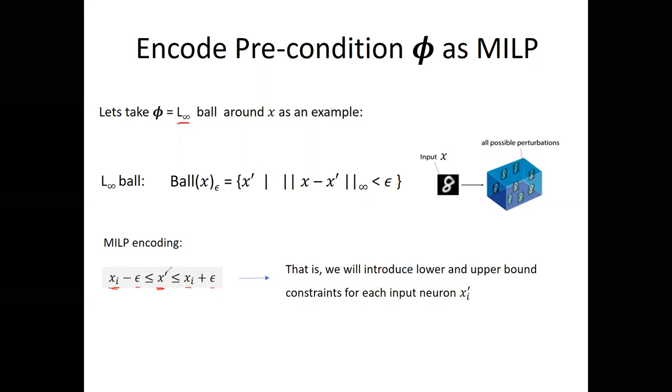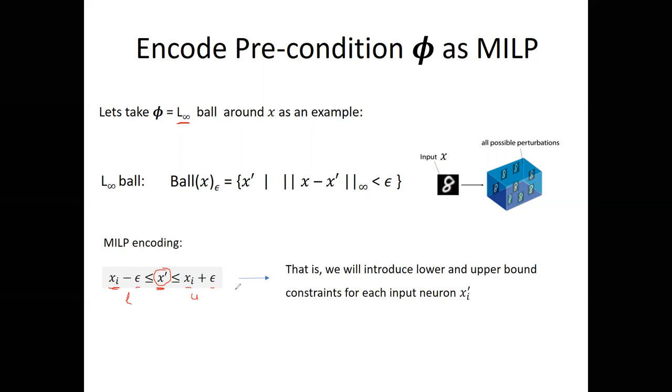So maybe we should have just put x prime i here just to make it even more clear. So the values that this can take is xi minus epsilon, the left side, the L, and then xi plus epsilon for the U.